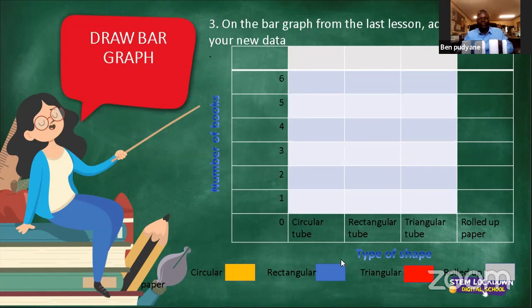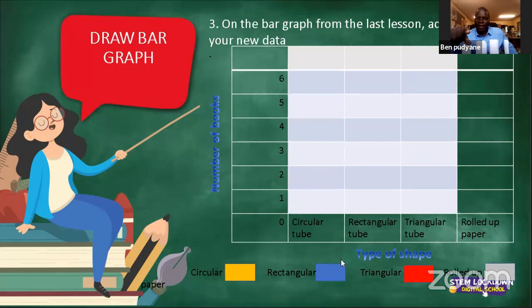You must always put the same books on the tightly rolled one, and you also try to put the same books on the circular tube, the rectangular tube, and the triangular tube, and see what type of results it is going to give you on the graph.